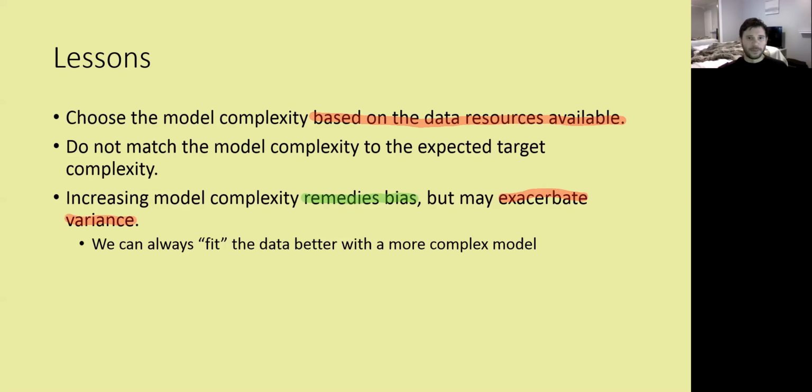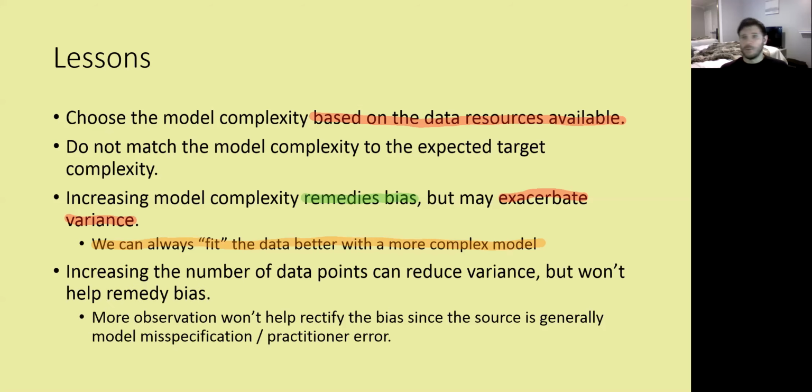And that's in line with what we saw earlier, that it's always easy to arbitrarily fit the data by adding more features into your model. Okay, so if you wanted to reduce the variance, you can't really do that by making the model more complex. What you can do to reduce the variance, though, as we saw in the learning curves perspective here, is you can get more observations. You can recruit more observations, increase the size of your data set.